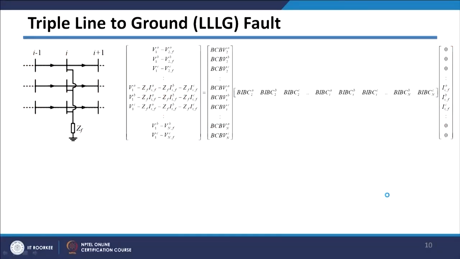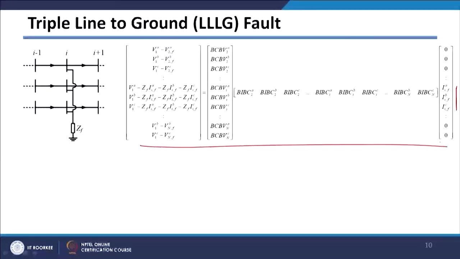Here I replaced the post fault voltages of all the 3 phases, and here I replaced the faulted currents. So during the fault condition, the structure of your direct approach based matrices will be something like this.